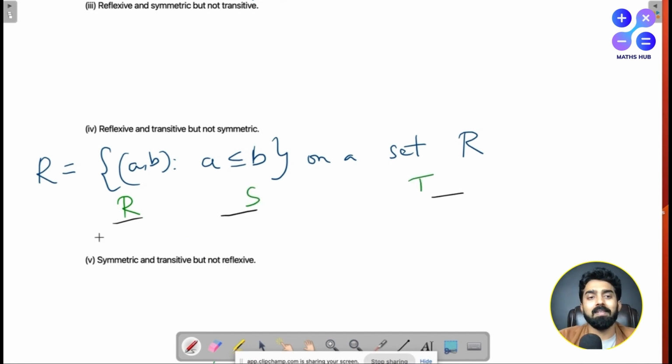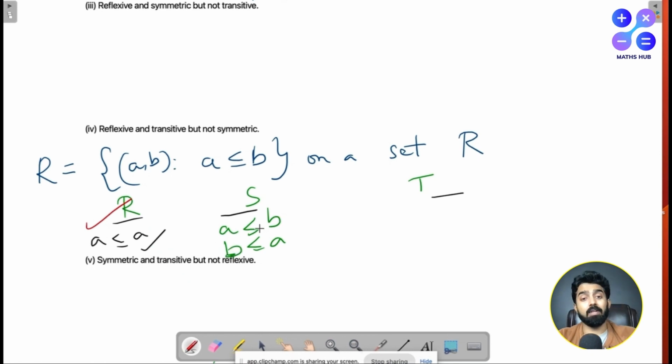Is it reflexive? If A is less than or equal to B, will A be less than or equal to A? Obviously, right? It is reflexive. That's true. Will it be symmetric? If A is less than or equal to B, will B be less than or equal to A? No. In the case of equality, it will be, but if A is less than B, B will not be less than A, right?